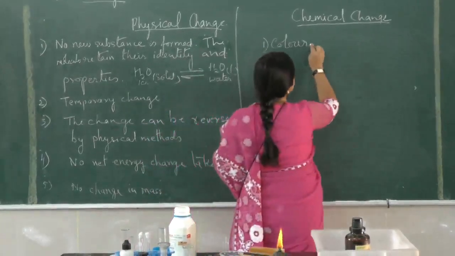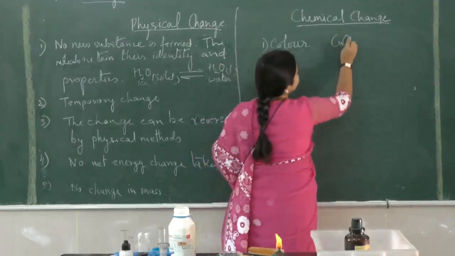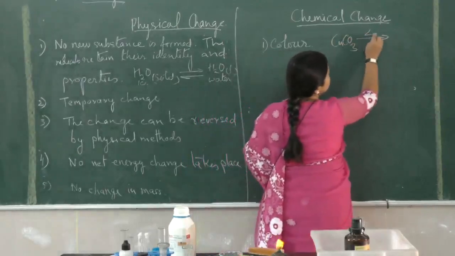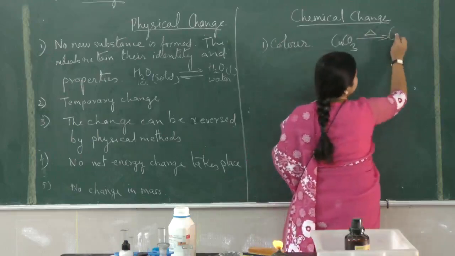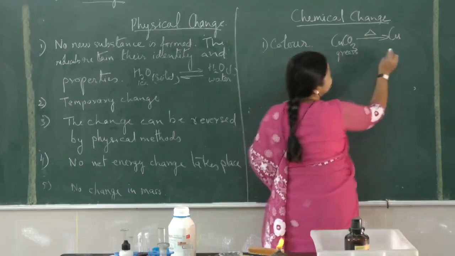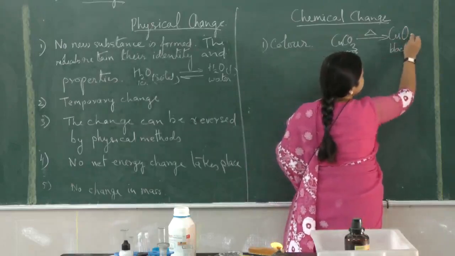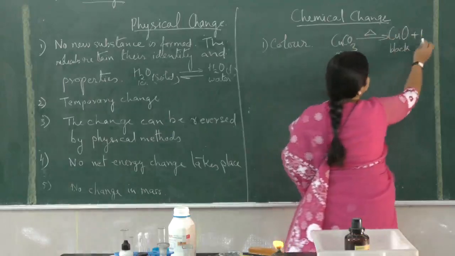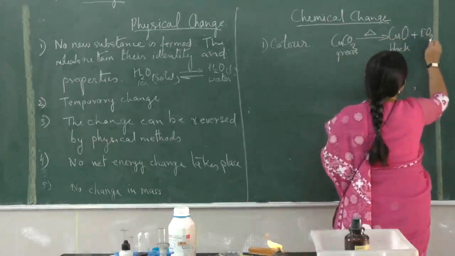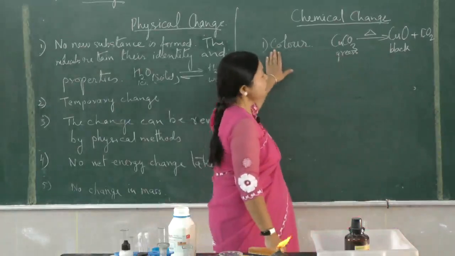These things usually occur when there is a chemical change. So CuCO3 on heating, absorption of heat is taking place, changing into copper oxide, which is black in color, plus carbon dioxide. As you saw, it was green in color. This can be tested by passing through lime water. So this is one of the changes.